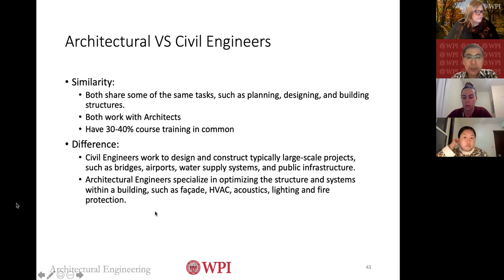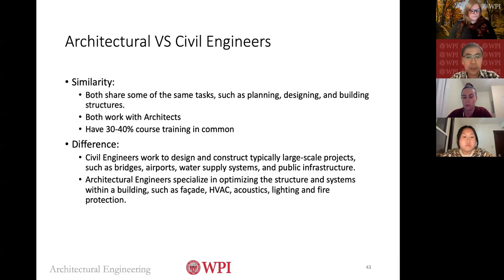But architectural engineers specifically look at buildings. Whatever relates to buildings can be the domain of this program, such as how to design an energy efficient facade that can save energy and also make people comfortable. What mechanical system maintains temperature and good air quality, and acoustics, lighting, fire protection. So in summary, it's just a domain.